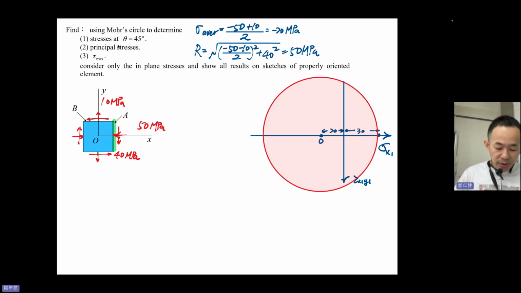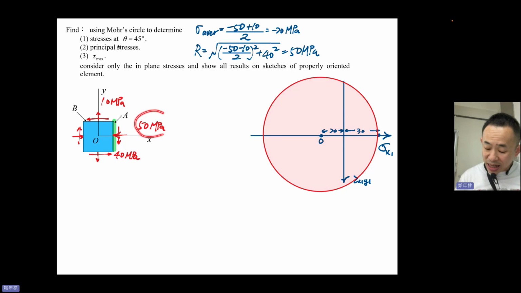Now, this is a little bit tricky now. We are going to get the point A, but we don't know. So for example, you can see, where is the A? Where is A?